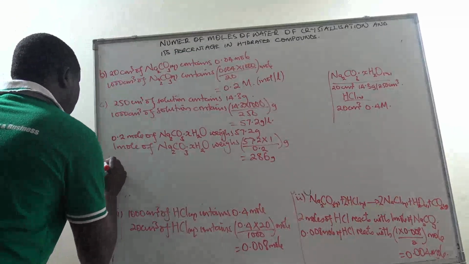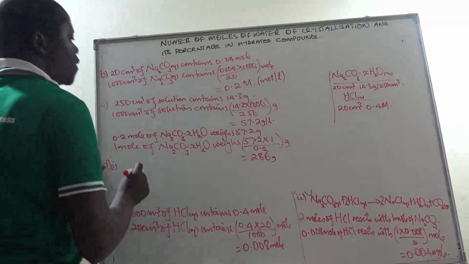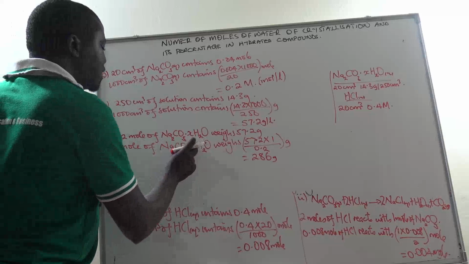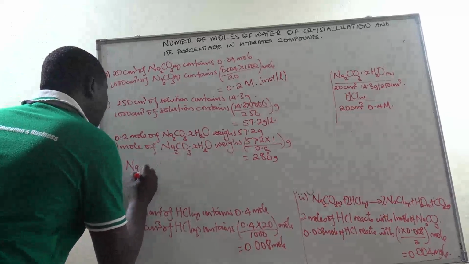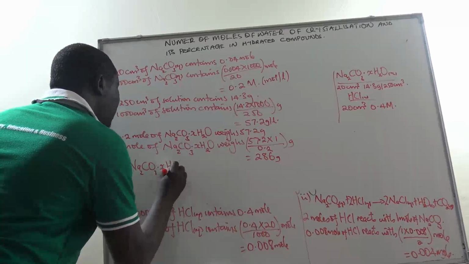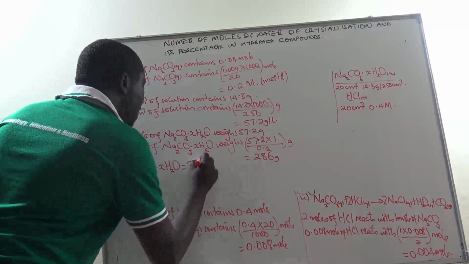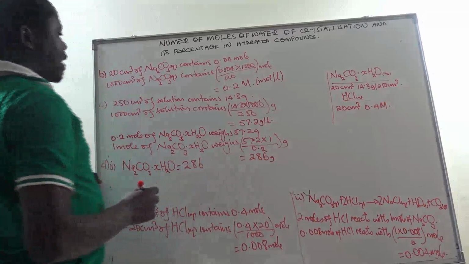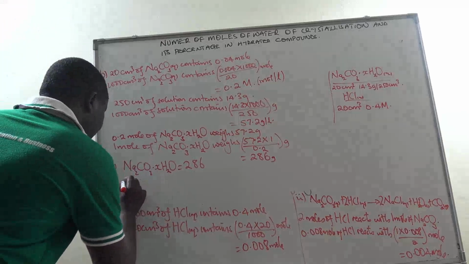That's now D1. So if we are to get the number of moles of water of crystallization, we are going to say the whole of the sodium carbonate hydrated, that's sodium carbonate x water. The total mass is 286. That's the relative formula mass. So let's get the value of X in this case.